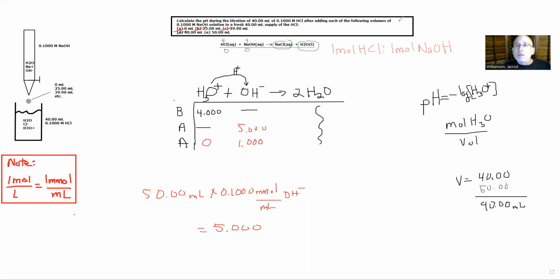So what's that going to be concentration of? I'm going to have here my hydroxide ion concentration will be 1 millimole over 90 milliliters.